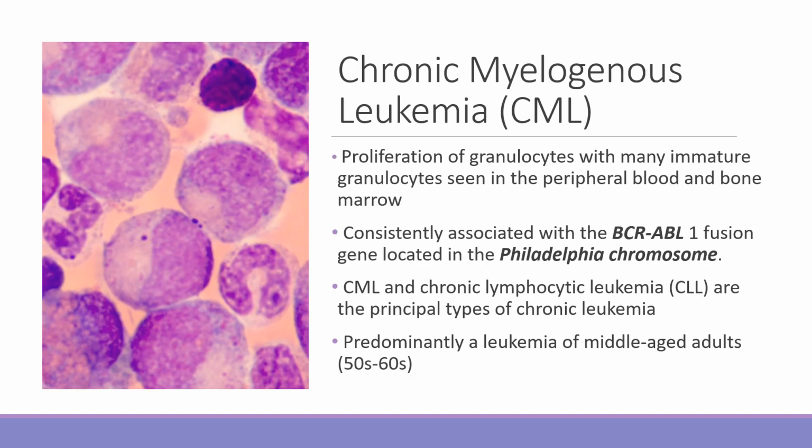So let's go back to our CML, which is classified as a myeloproliferative disorder and a chronic leukemia, specifically chronic myelogenous leukemia. So what we're going to see in CML, again, is that proliferation of granulocytes. There might be many immature granulocytes seen in the peripheral blood and the bone marrow, but the majority of these cells are going to have some degree of maturity.